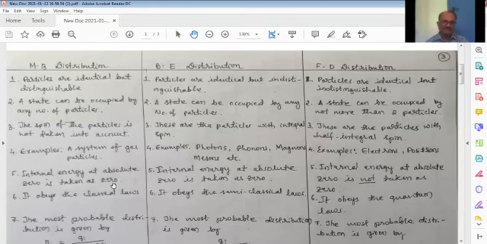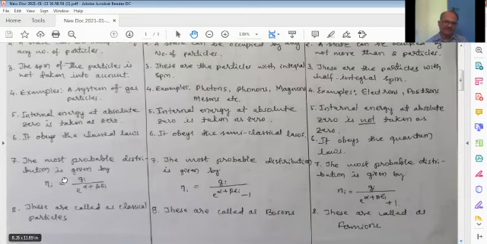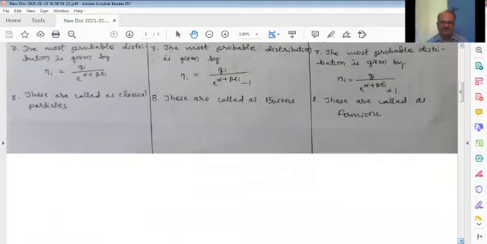That means when the system is at absolute zero, in this case, its energy is taken as zero, and it obeys the classical laws, doesn't obey the quantum mechanical laws, and the most probable distribution is given by this equation. This we have to derive at the end of the session, and these are called the classical particles. So these are the characteristics of the Maxwell Boltzmann distribution, and we will start the derivation.